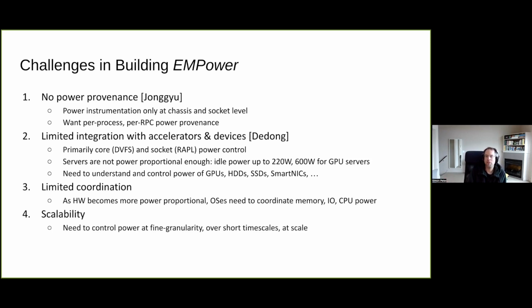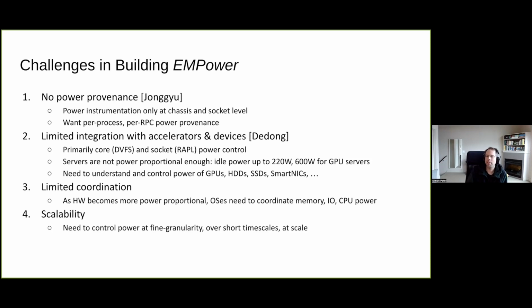So we did a measurement study to analyze the power proportionality of servers in a variety of data centers today. And we found that server power proportionality has actually been going down. It's been getting worse. Servers can consume idle power when there's nothing running on their CPUs, up to 220 watts for regular servers that don't have GPUs in them, and even up to 600 watts for servers with GPUs in them.